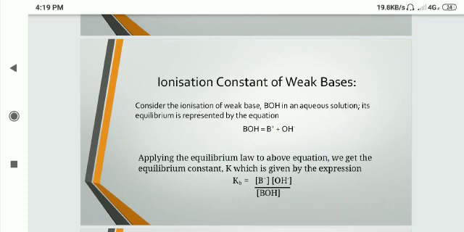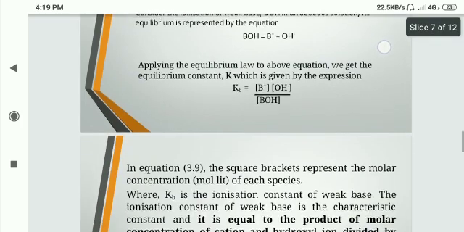Applying the law of equilibrium to the equation BOH to B plus and OH minus ion, this can be written as Kb, the dissociation constant of weak base, is equal to the product of concentration of B plus and OH minus ion divided by concentration of BOH.